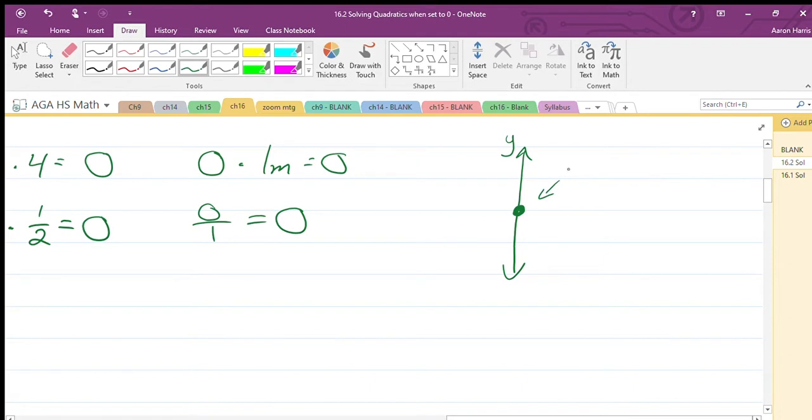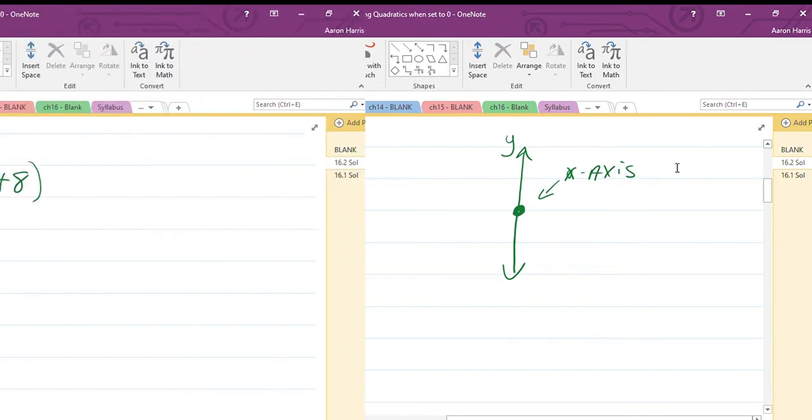That's right. I'm on the x-axis. Somewhere on the x-axis. I gotta be on the x-axis, okay? So that's just a little secret alert. Just want to let you know that this zero product is us working our way to graphing quadratics, okay?